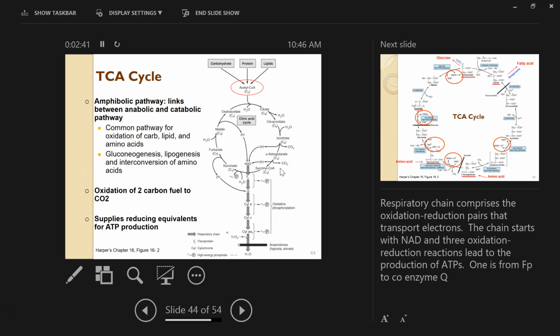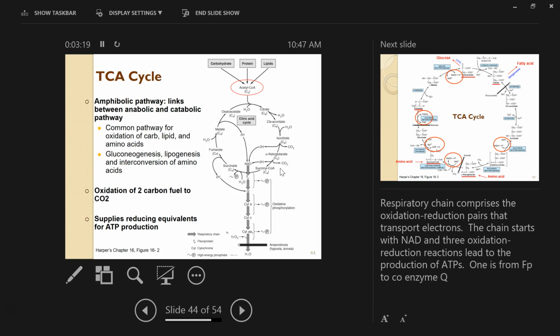And going through one TCA cycle generates ATP, and most importantly the reducing equivalents like FADH2 and NADH, right? These reducing equivalents are not ATP yet, but they can enter the so-called oxidative phosphorylation or electron transport chain to be converted to ATP, right?